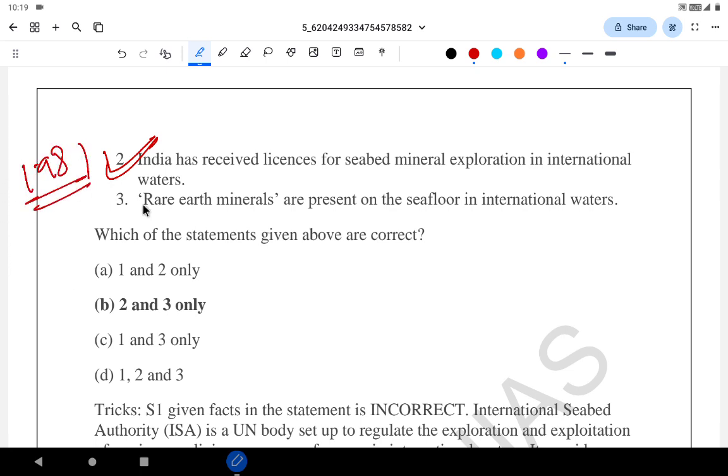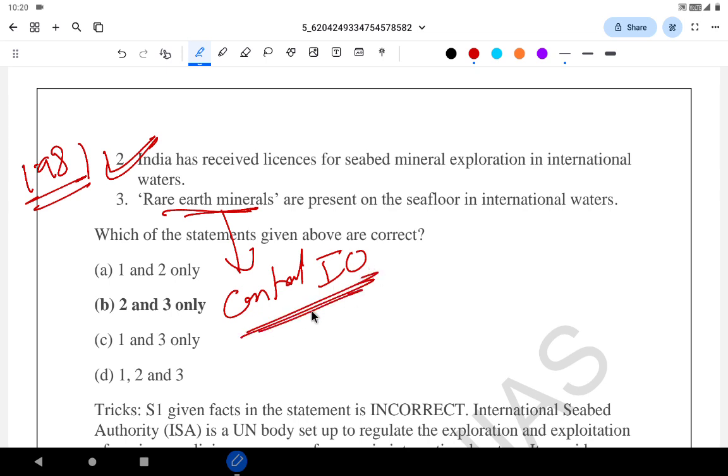India has had permission for exploring deep sea minerals from 1981, and also recently India has received a permission for exploring polymetallic nodules, that is rare earth minerals, in the central Indian Ocean in 2017. So rare earth materials are present on the sea floor of international waters, that is only polymetallic nodules, that India got permission for in 2017. So 2 and 3 are correct.